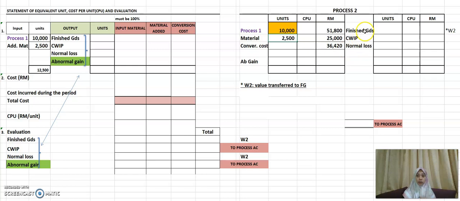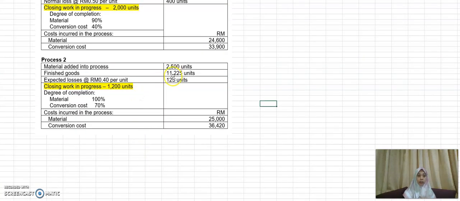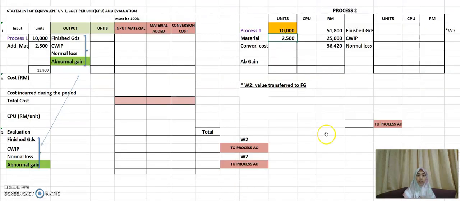Then you have your finished goods and your closing WIP in terms of quantity first. Your finished goods is 11,225 and your closing WIP is 1,200. Your normal loss is 125 units. Here you have the units for these respective items.